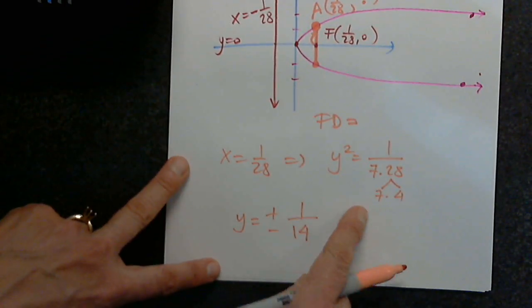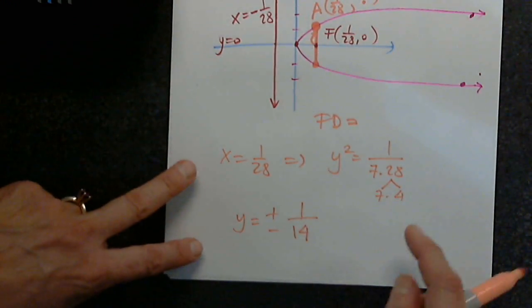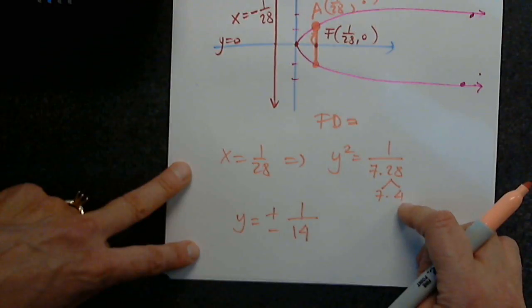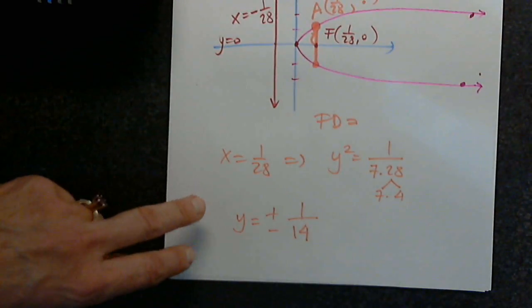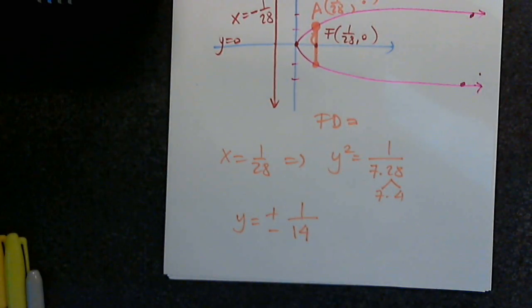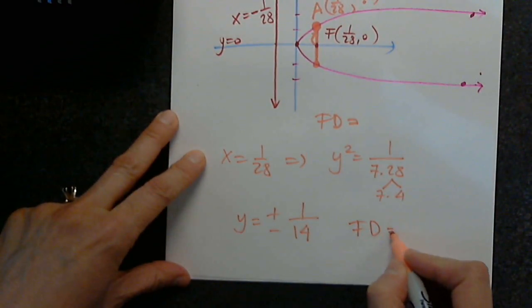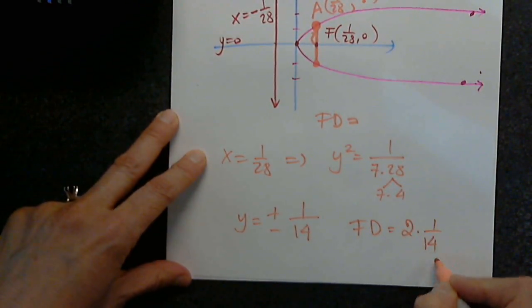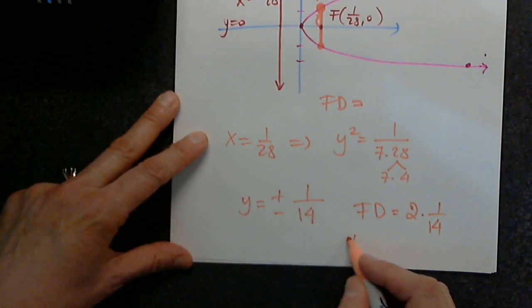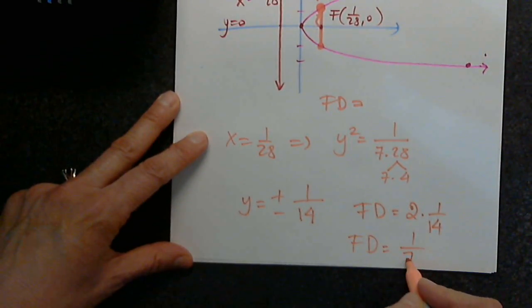Because I have 7 times 7, when I take the square root of 49 I get 7. And from here I have a 4, and when I take the square root of 4, I get 2. So therefore, the focal diameter will be twice 1 over 14. So the length of the focal diameter is 1 over 7.